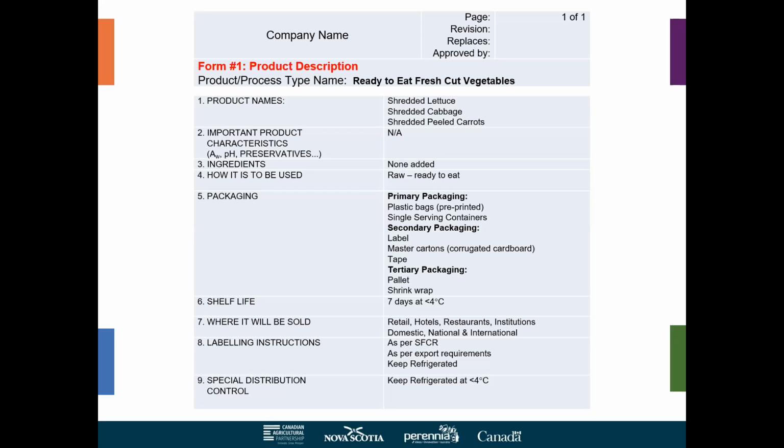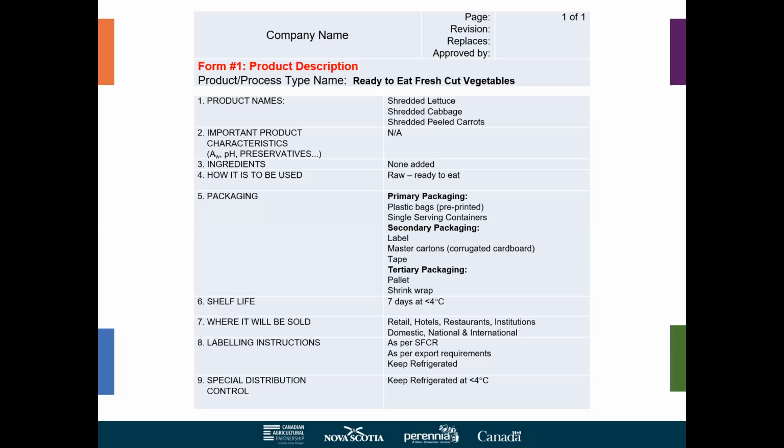As per the Safe Food for Canadian regulations, but some examples of the requirements: the common name, the net quantity. If you're adding any ingredients, a list of ingredients would have to be on there. If you've added any ingredients that contain allergens, that information would have to be on there. The name and principal place of the business, date markings, so packaged on, storage instructions.